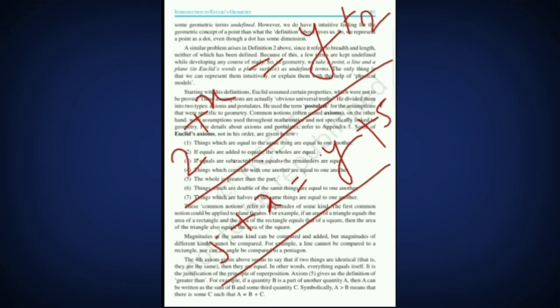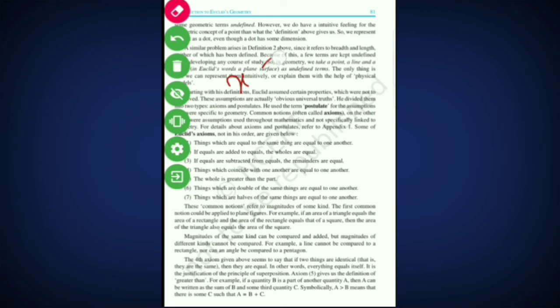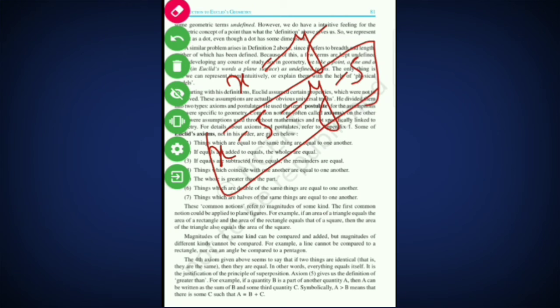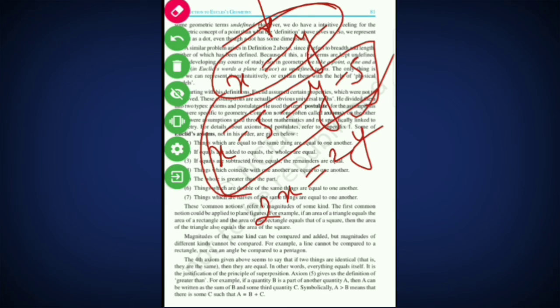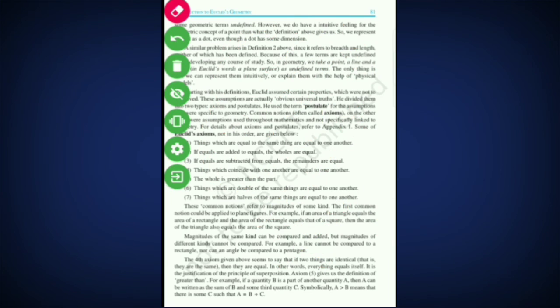You can not only add, you can also subtract. If you are subtracting 5 on both sides, then also the quantities will be equal. Means if you are adding the same quantity to two equal things, they will always be equal. If you are multiplying, 2x is equal to 2y, then also it will be equal. If you are dividing by any other number, then it will also be equal.